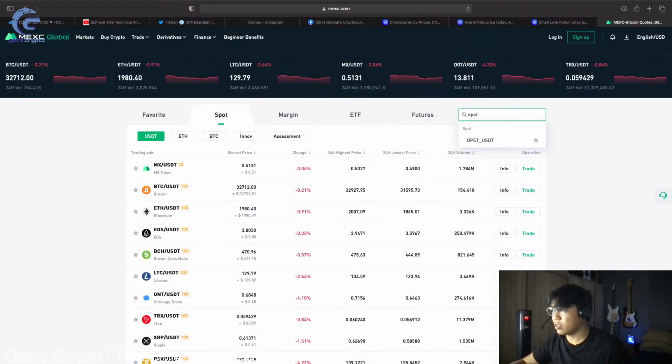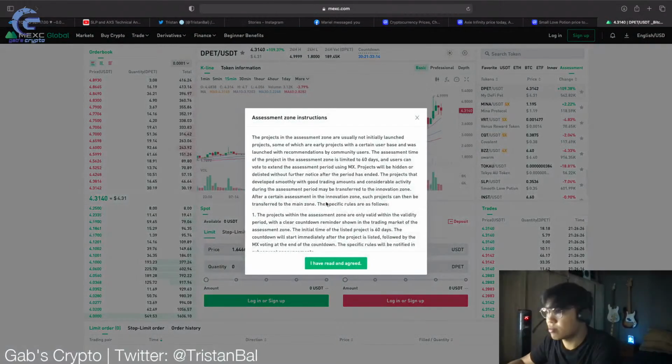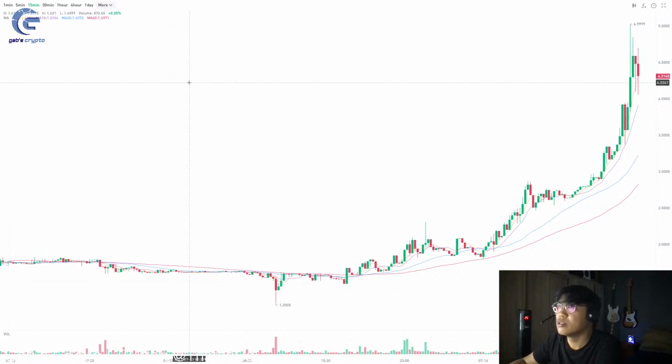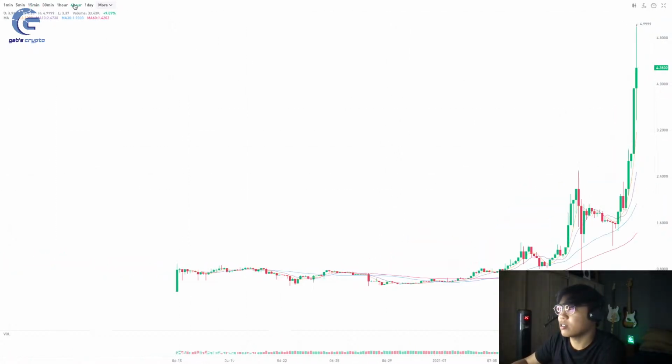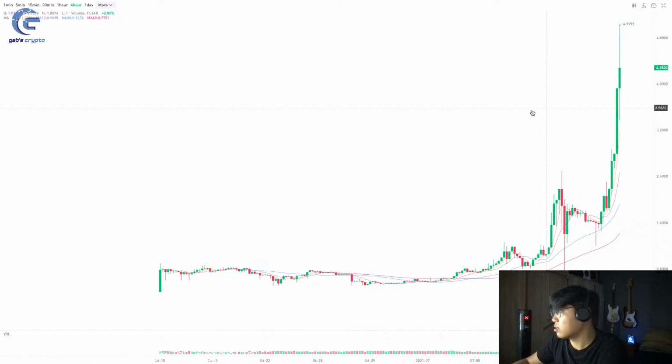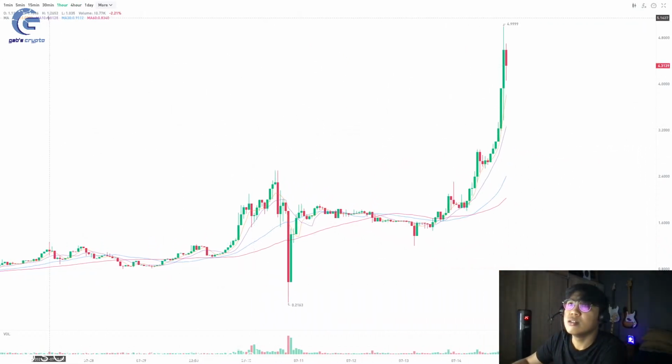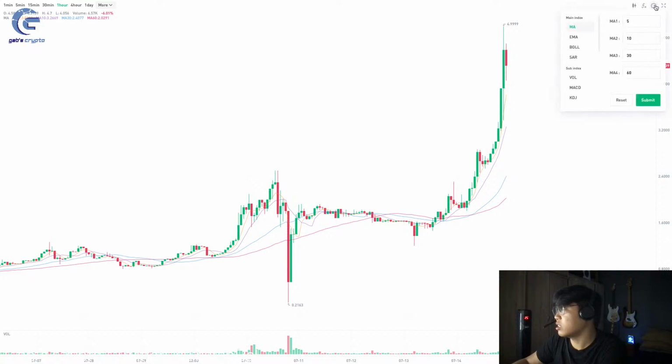So DPET, let's check DPET. So for DPET, sige, let's try to analyze this. 1 hour. Set lang natin yung settings niya kasi tandaan nyo may sinusundan tayong settings.